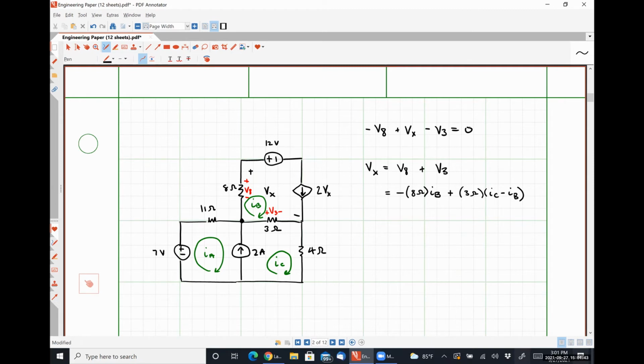So if it was going into the positive terminal, it would be negative IC plus IB, right. So if I flipped the polarity of that voltage V3, then IB would be flowing into the positive polarity terminal and IC would be flowing into the negative polarity terminal.